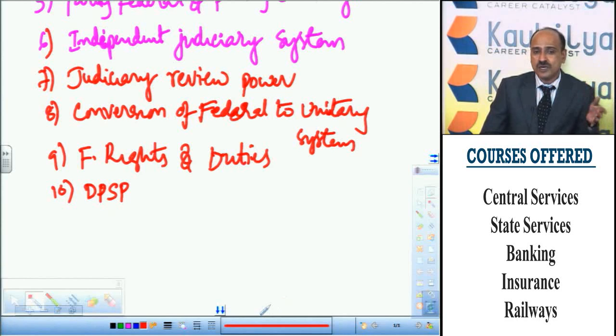According to the rulers' convenience, they implement them, but the public cannot go to court to implement directive principles in our country. These are not justiciable. Rights are justiciable, but directive principles are not justiciable. Whether the government implements them or not, the public cannot go to court.